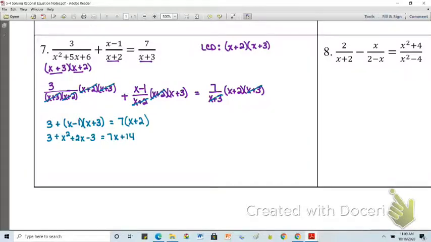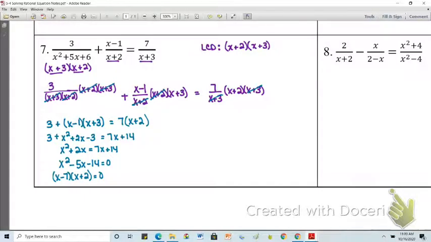My 3's cancel out. And again, it's a quadratic, so I'm going to set it equal to 0. And I'm going to go ahead and factor it. I get a negative 7 and a positive 2.